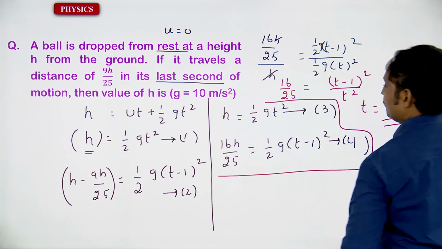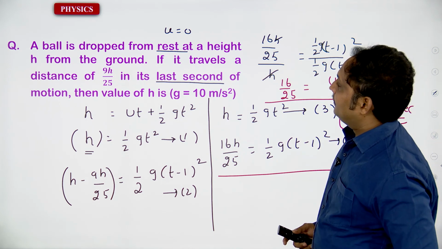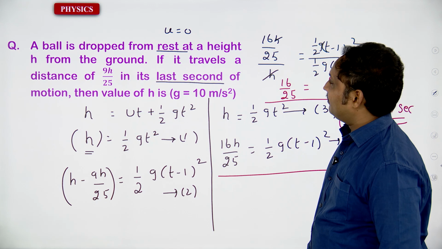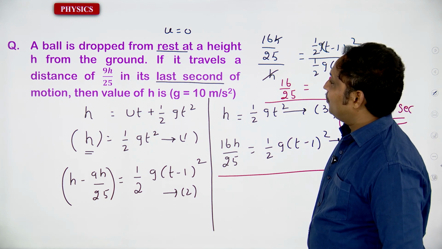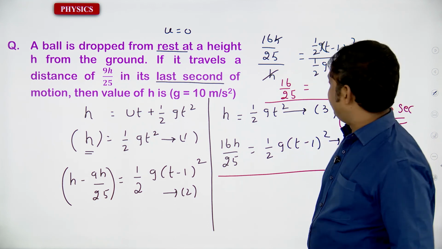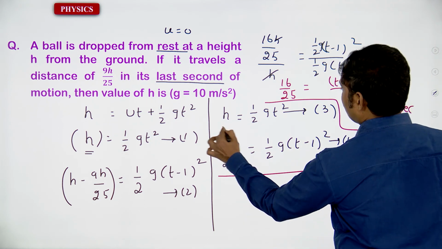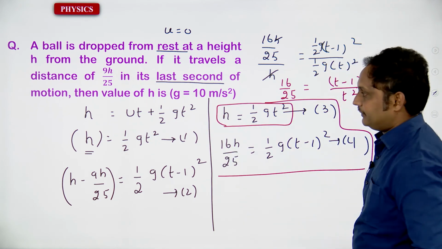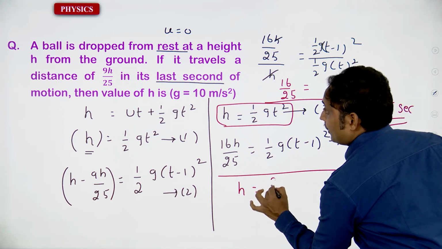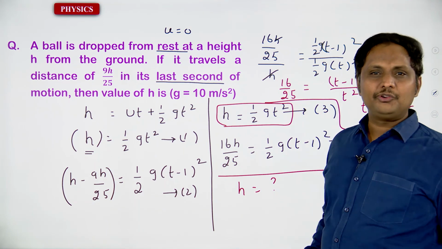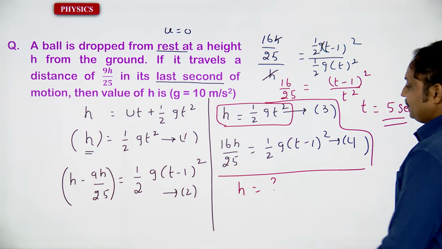So what are they asking? They have given that a ball is dropped and you need to find h. If you know the t value, you substitute it in any of these equations and you will get the value of h. Let's try.